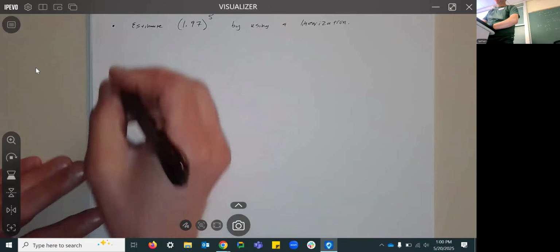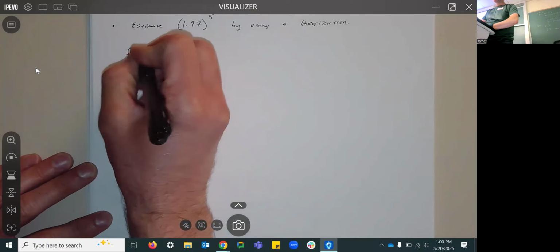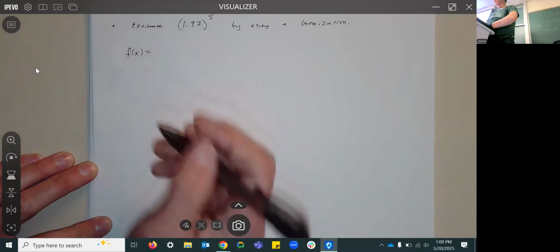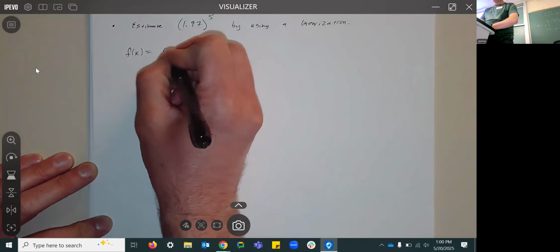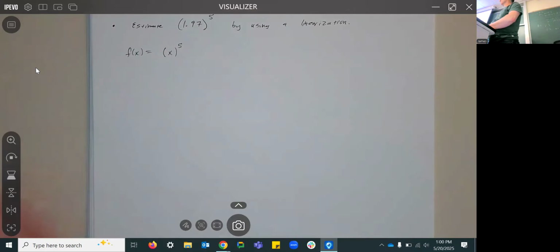So my function f of x, instead of being 1.97 to the 5th, is x to the 5th. You could ask, James, why not write it as 1.97 to the x? Well, because 1.97 is not a very nice number. If you see a not nice number inside the function, that's the one you should replace.